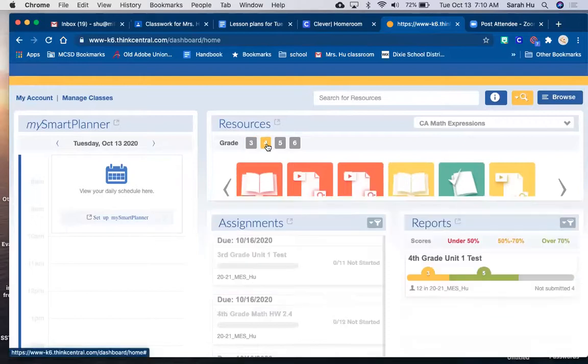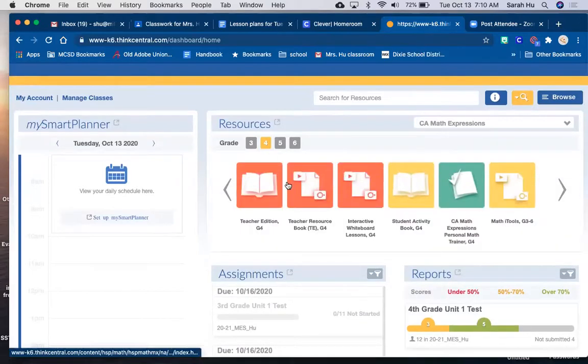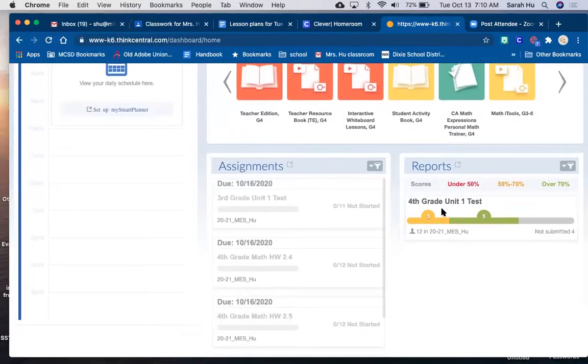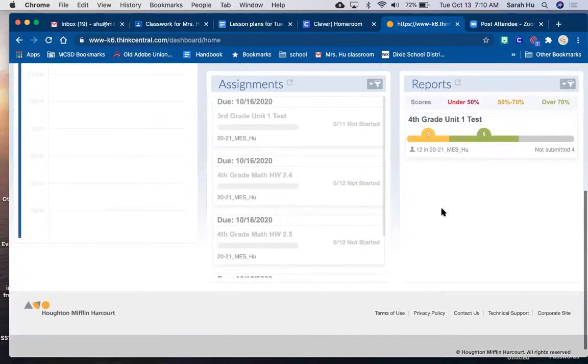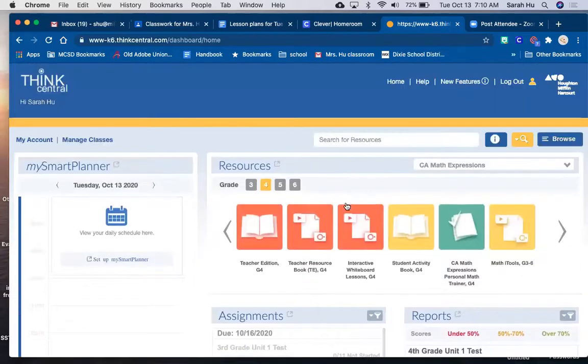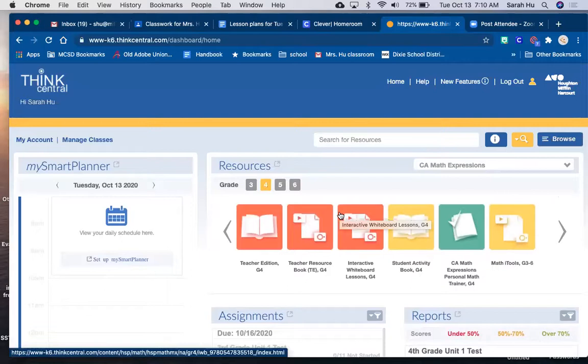And I'm going to go to 4th grade, and let's see if I can find assignments. Maybe not. I believe because this one is the teacher portal, it looks a little different. So anyway, I showed you how to get to Think Central.